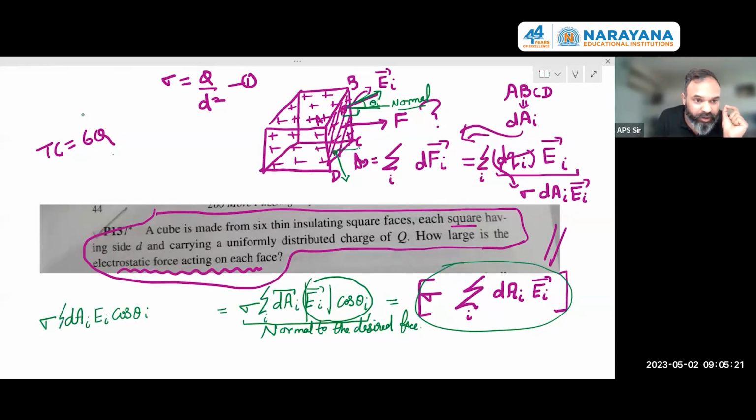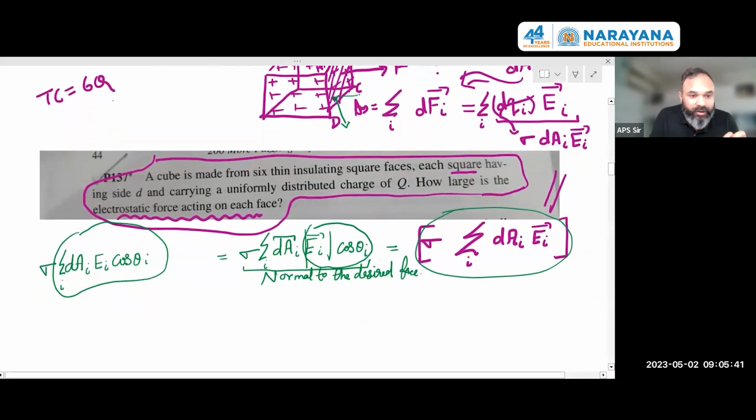I am searching how I should calculate this. Now, how should I calculate dAi Ei cos theta i? And now I got an idea that this term is the differential flux. So Gauss law comes into the picture. So I used symmetry.